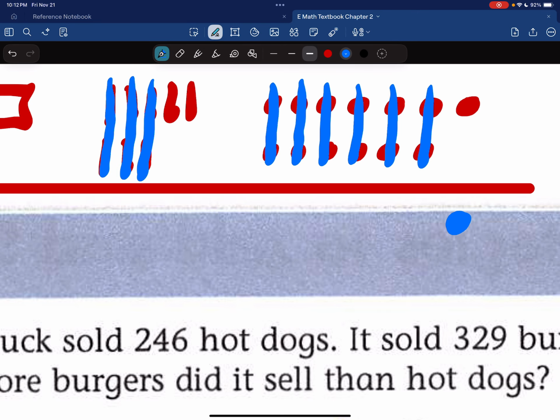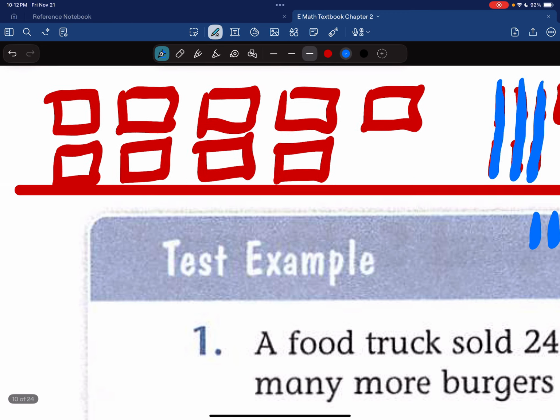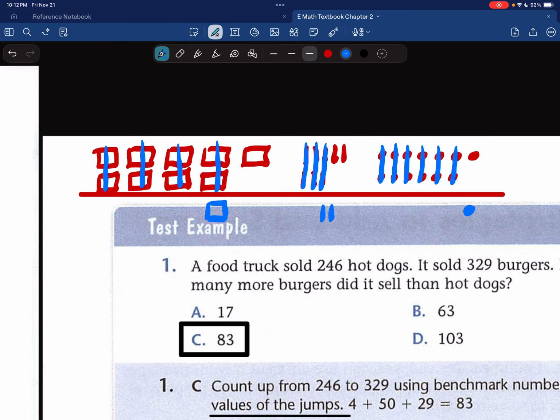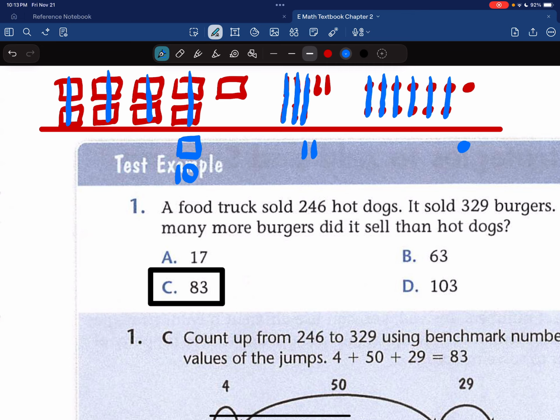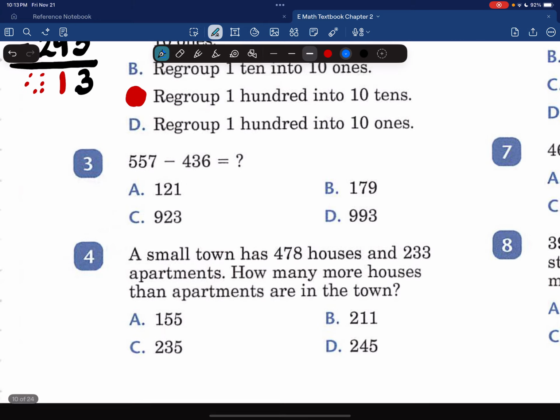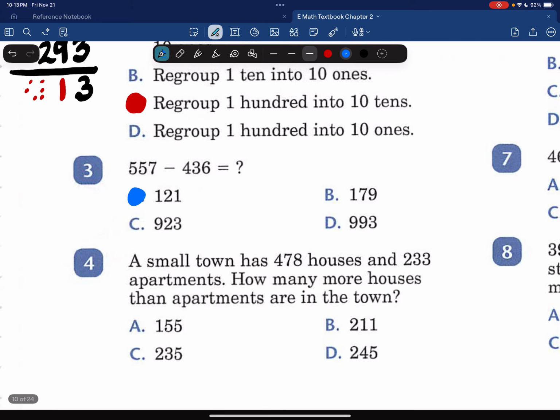And then we have 2 that could not be eliminated. And then here we have 4 sets that can be eliminated with 1 left over. So this represents 121. And that's the answer I'm looking for. 121 is A. That was a good one to model.